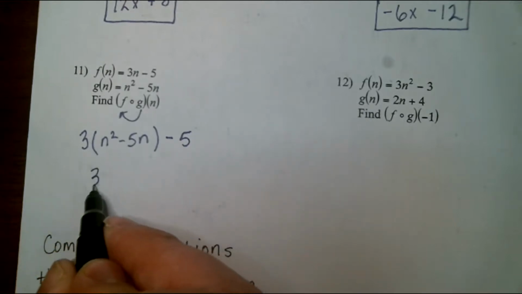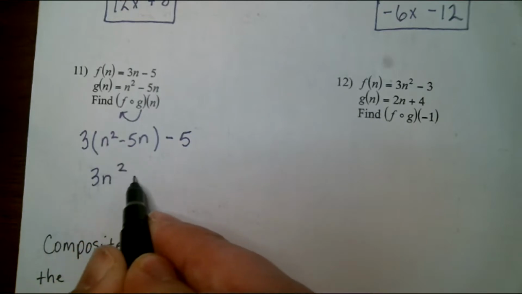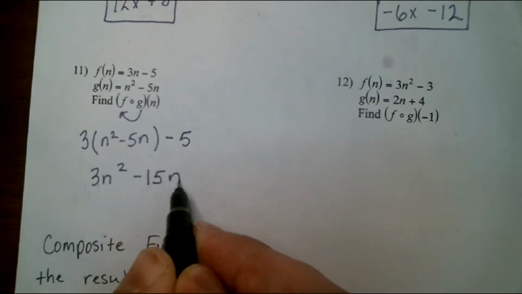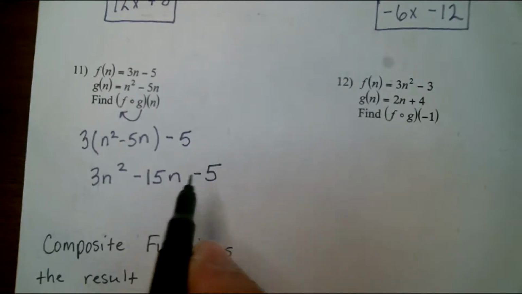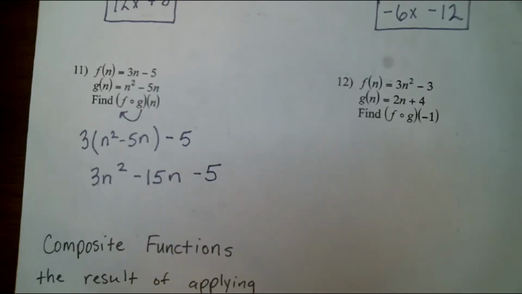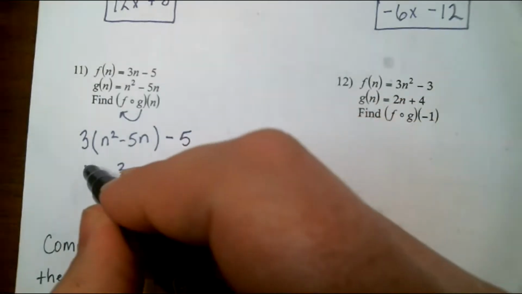We get 3n squared minus 15n minus 5. And we don't have to worry about factoring that or anything. We're just expressing it like that.